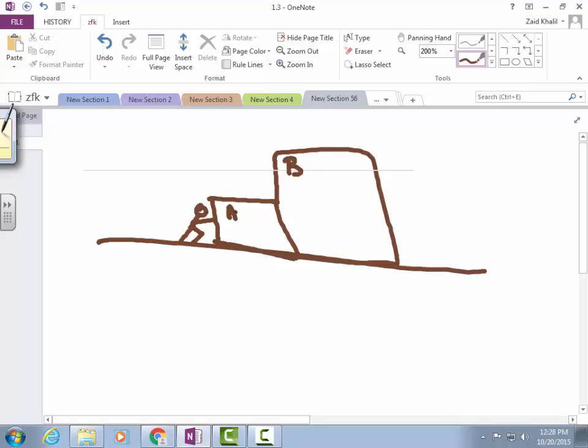This is a flat, non-frictionless surface. In other words, this surface has friction. And I apply a force F onto A. And the question is, what can we say about the contact force on B?